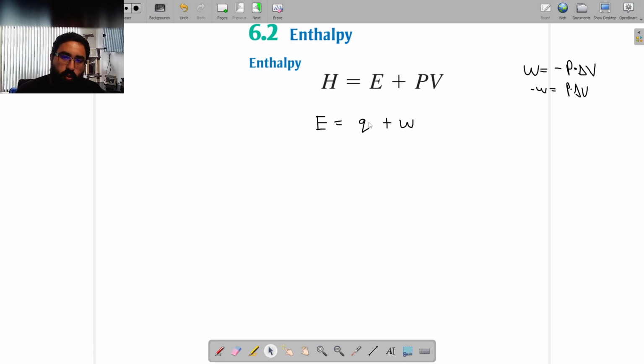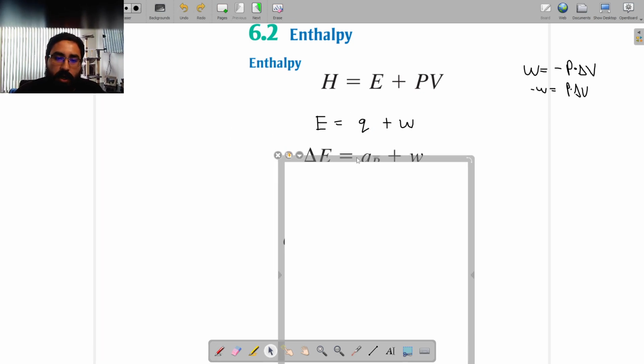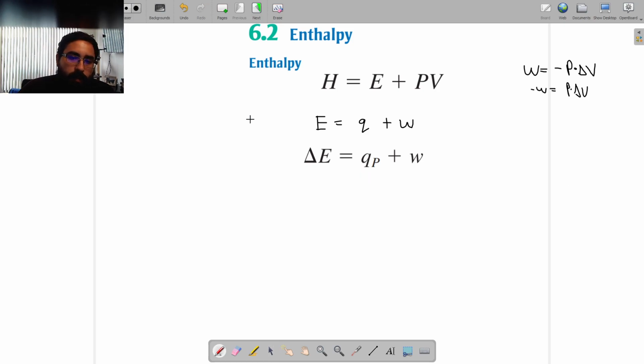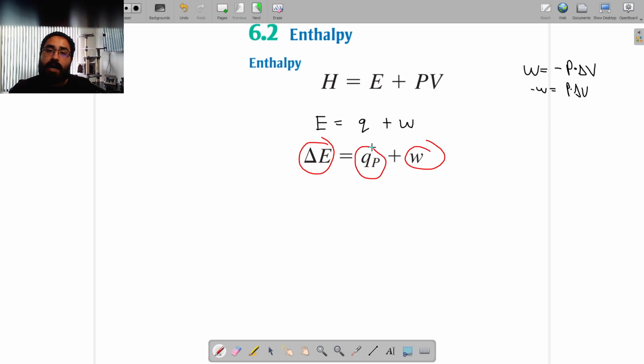In order to really understand enthalpy, let's make sure that P is constant. You're going to see a little P under here, and all that means is at constant pressure. So right here we have a formula that the change in energy is equal to the amount of work plus the heat at constant pressure.